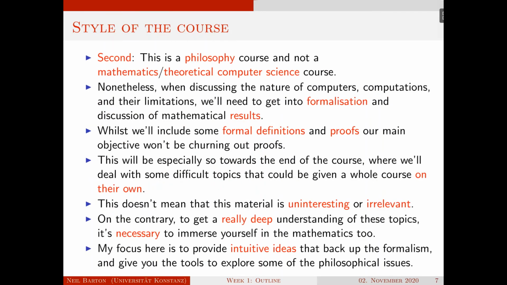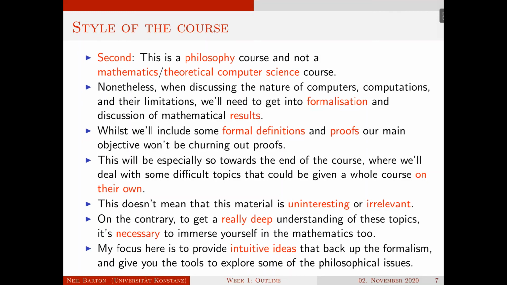Okay, so a second thing about the style of the course. So this is very much a philosophy course and not a mathematics or theoretical computer science course. That said, when you're discussing the nature of computers and computations and the kinds of limitations there might be, we're just going to have to get into formalization and discussion of mathematical results.